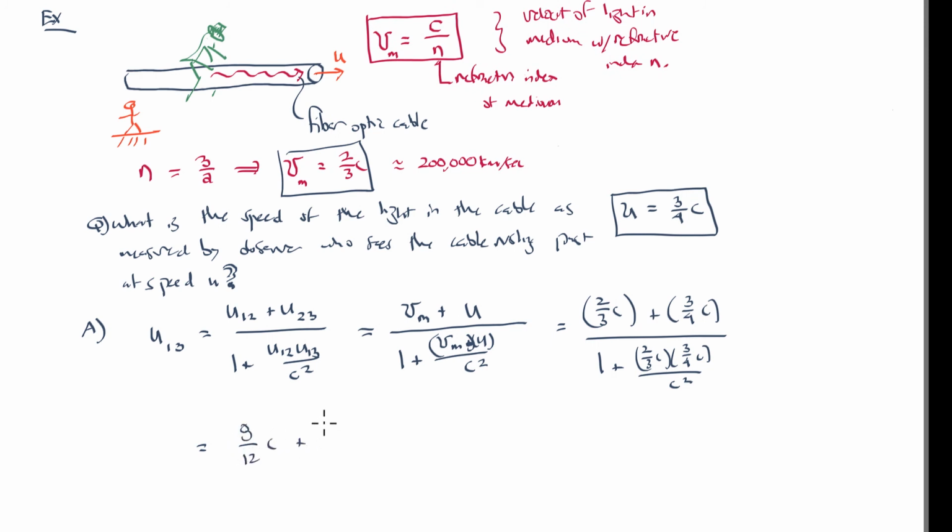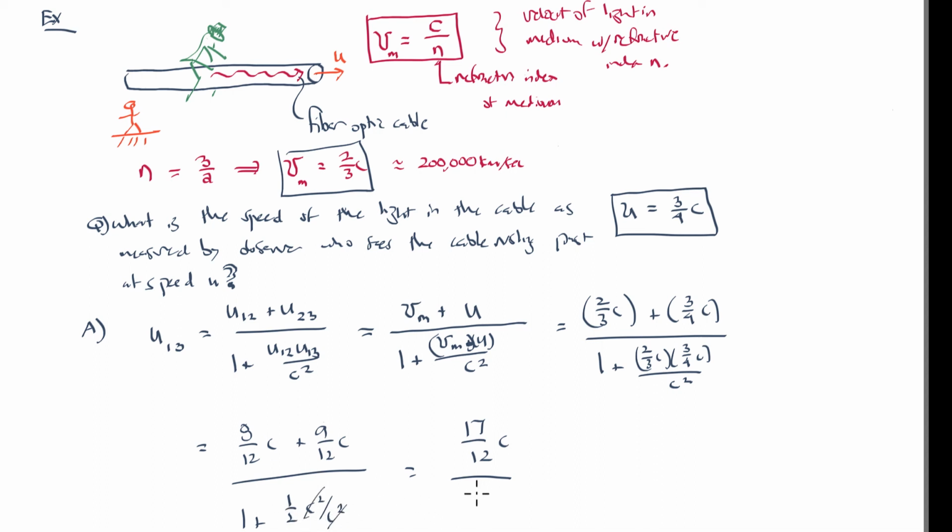plus 9/12 c, divided by 1 plus 2/3 times 3/4, which would be 2/4 or 1/2, c squared over c squared. So we have 17 over 12 c in the numerator and 1.5 in the denominator, since the c squareds cancel.